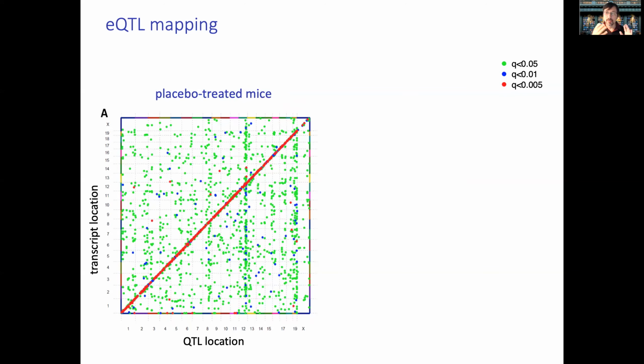It's just on the directly measured transcript levels, and you see a common picture here, which is the heat map of the eQTL mapping, with QTL location along the bottom, transcript location along the side, and then a diagonal line showing all of the cis QTLs. That should be very familiar for people who've looked at these kinds of plots before.